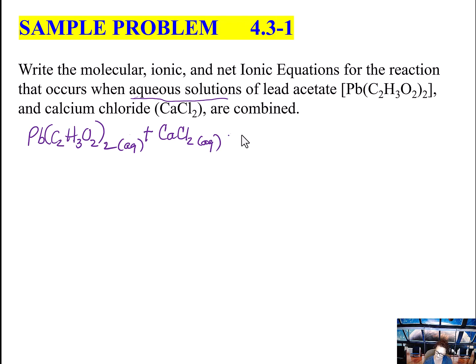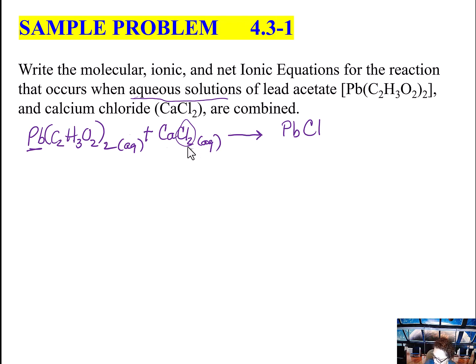All right, the next thing we've got to do is predict the products. So I'm going to take the lead, and instead of the acetate ion, I'm going to put it with the chloride ion. So it becomes lead chloride. Now, chlorine is always a -1.